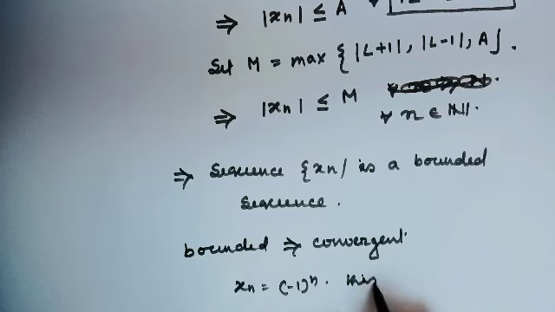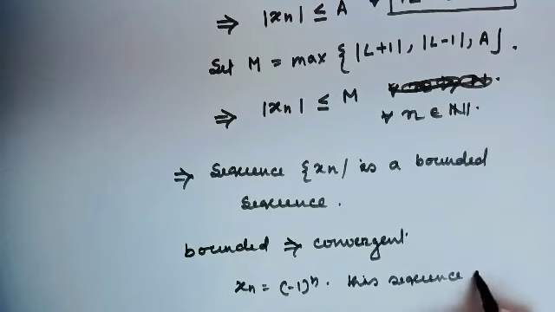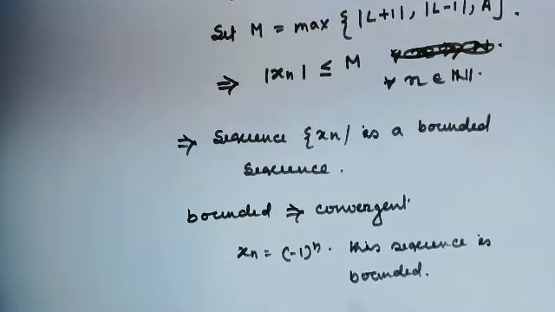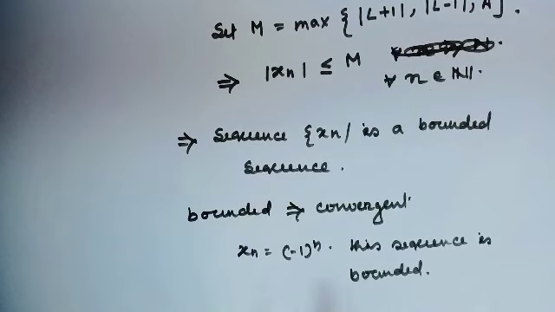This sequence is bounded, I have seen. But this sequence, I have also seen, does not converge. This is a divergent sequence. So, bounded does not always imply convergent. Okay? Well.